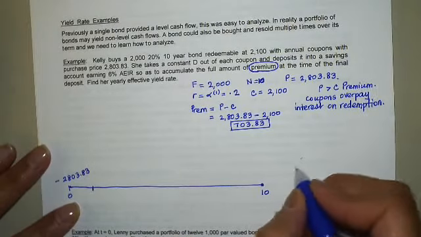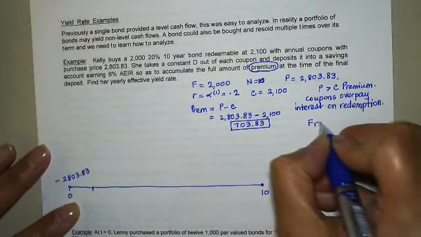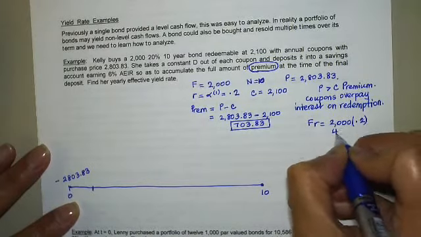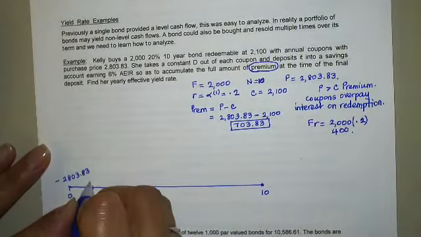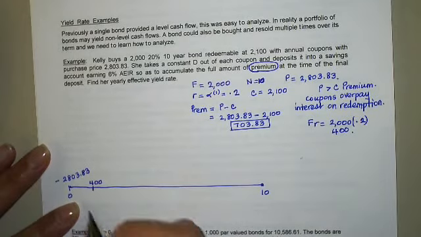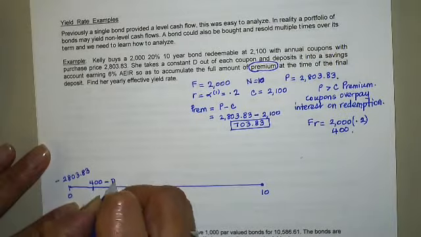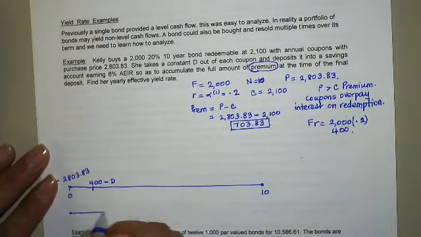Yeah, exactly. So let's draw two timelines. One timeline, time 0, price minus 2803.83, and here's her coupon.